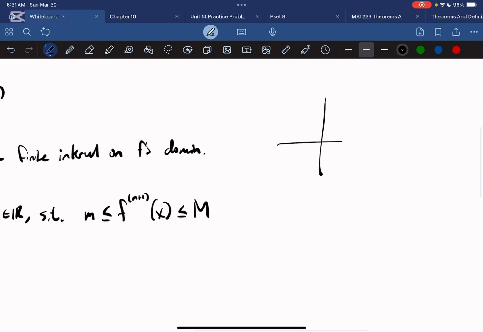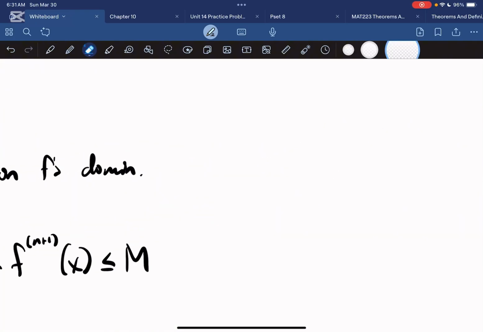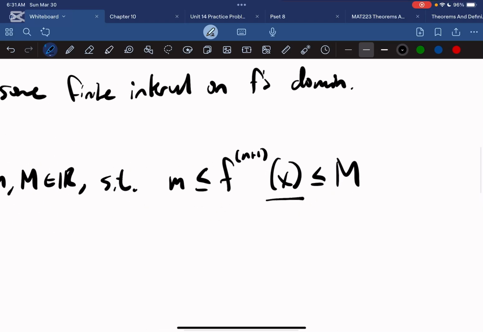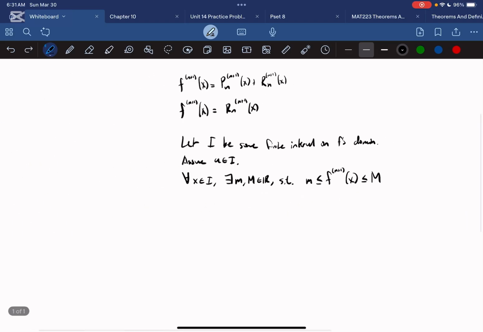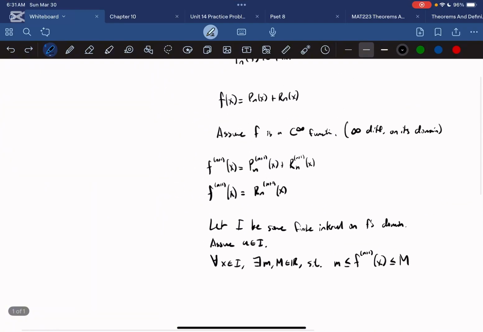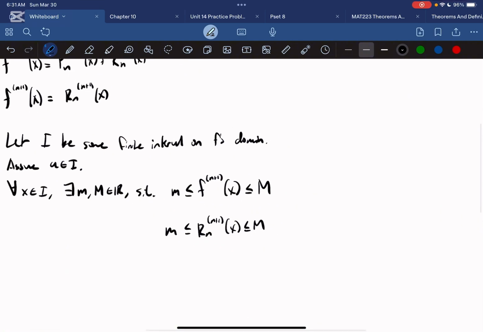Basically, we're saying for any derivative, right, on some interval, there's a bound for whatever values it can take for any x. Okay? Now, we also know this is true, right? So we know m is also less than or equal to this, and M. These two are very, very important to know, okay?